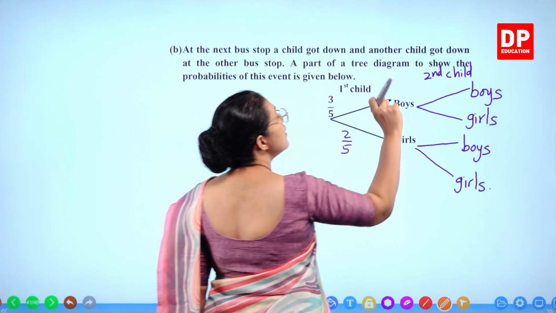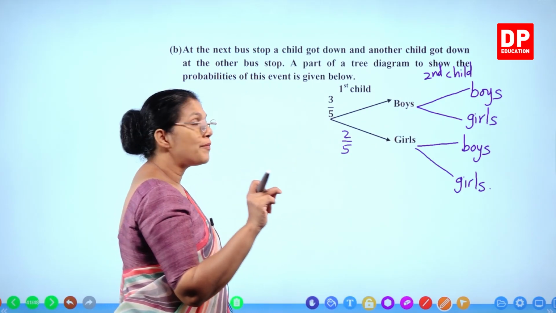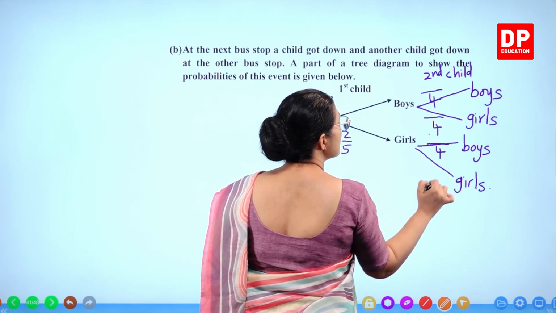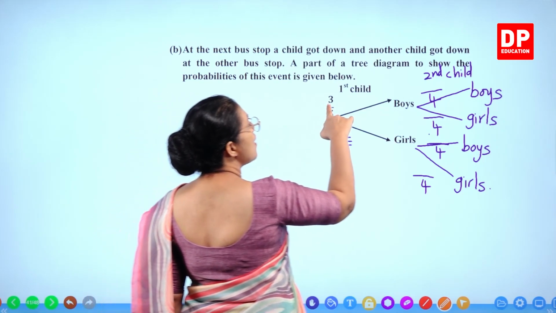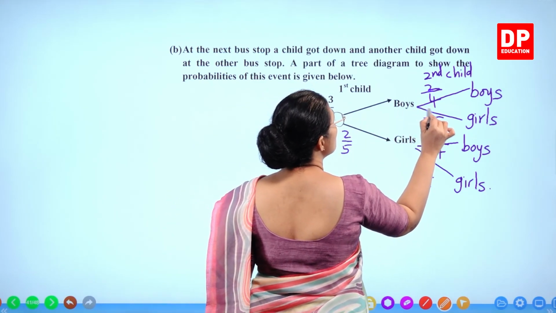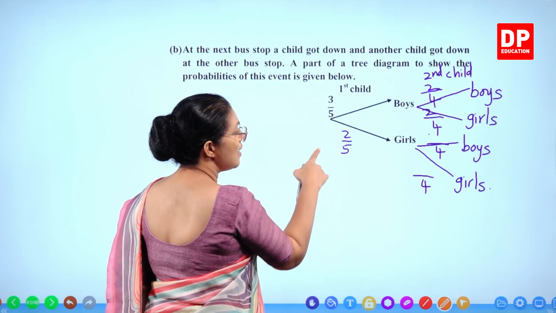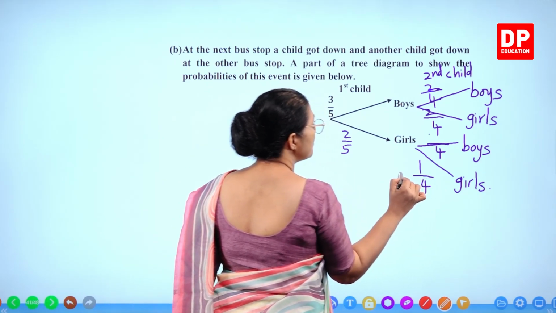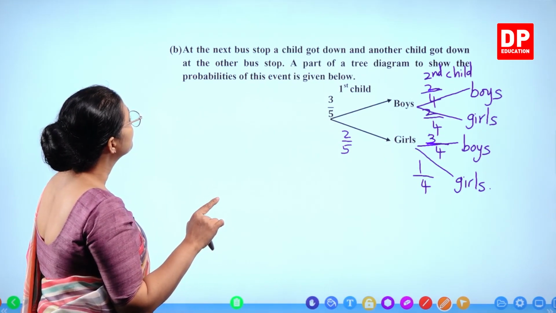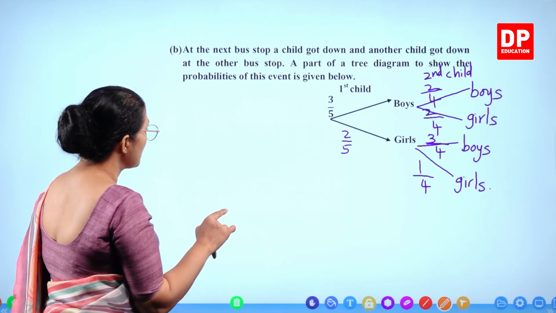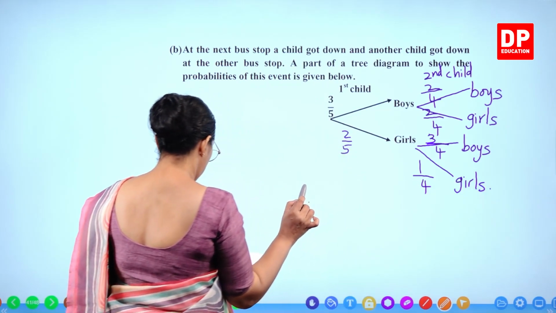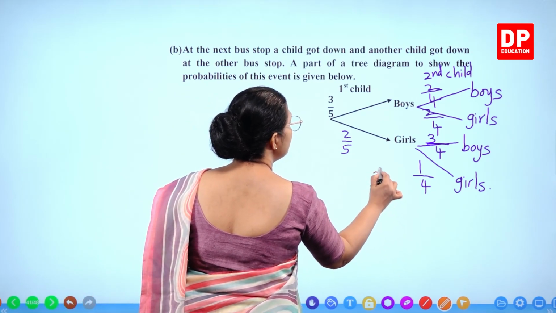So for the next one, you have to subtract 1 from the denominator. So denominator becomes 4 now. This is a dependent case. So 3 boys were there, 1 got down, so that becomes 2. This is 2 and 2 girls are there, 1 got down, this becomes 1. So this becomes 3 then. So that's the full tree diagram there. So how many marks for that? So 3 marks for the diagram.